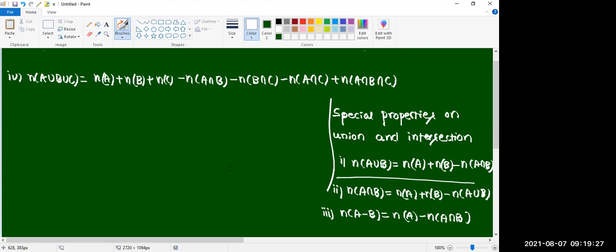Here take B union C as one set and put it in that formula, and you will get it. Write it fast.